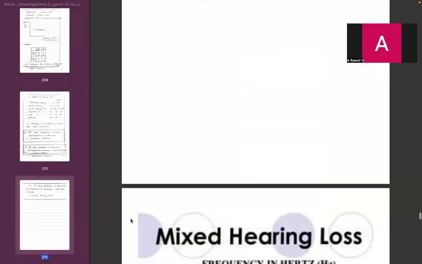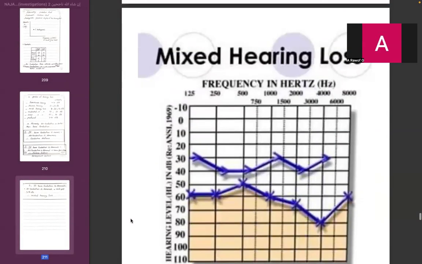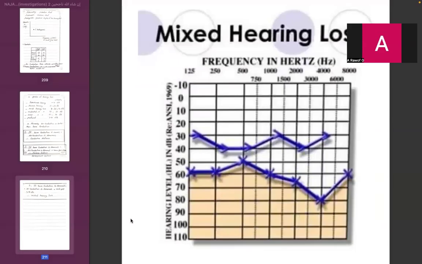So the next slide, mixed hearing loss. We said we should observe a difference of more than 15 decibels between the bone conduction and air conduction, and bone conduction should always be better than the air conduction. Again, this is for the left ear, so we'll use the color blue.